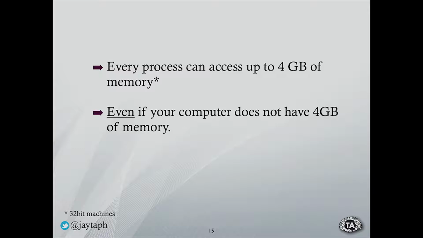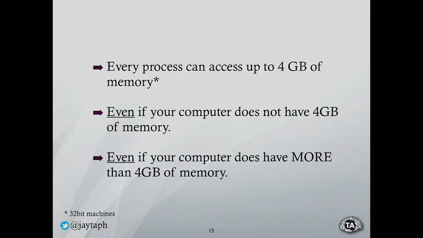Nowadays, 4 gig is pretty common, of course, but this also was true by the time that you only had like 16 megabytes in your system. You could still use 4 gigabytes of virtual memory, while you only had 16 megabytes of physical memory.